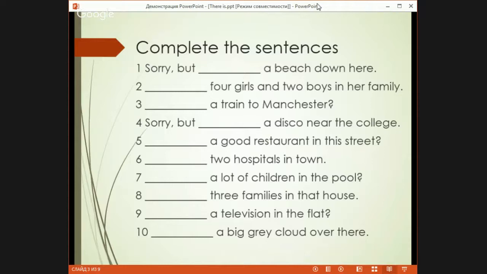Also, we need to use negatives, there isn't, there aren't, or questions. Please pay attention that numbers 3, 5, 7, and 9 are questions. So you've got to create sentences, questions, or negative sentences using there is or there are.